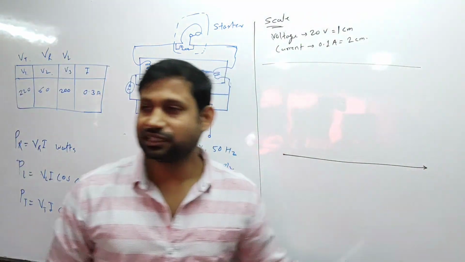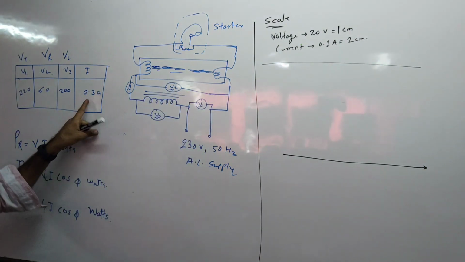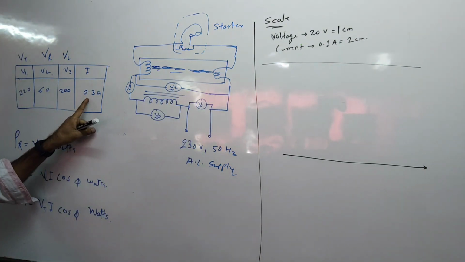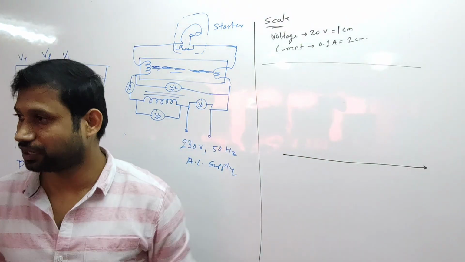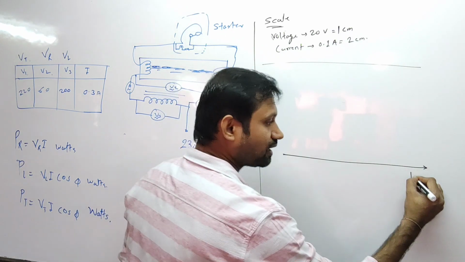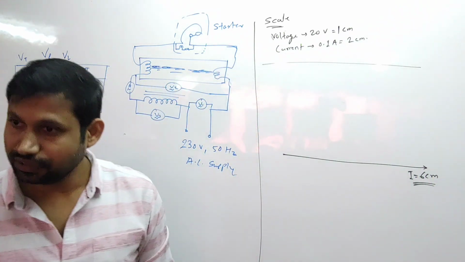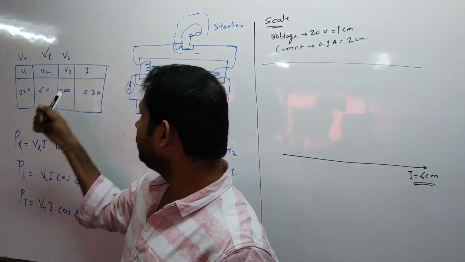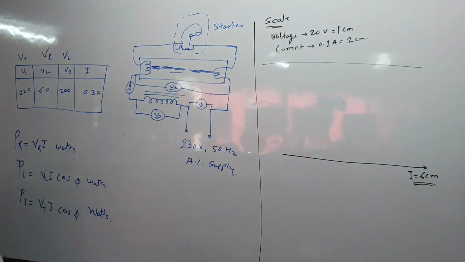Exactly how much length should I keep? As per the scale, you have 0.3 ampere current, and 0.1 ampere is equal to 2 centimeter, so for current I it has to be 6 centimeter. Clear? Then next is VR, the voltage across the tube light.